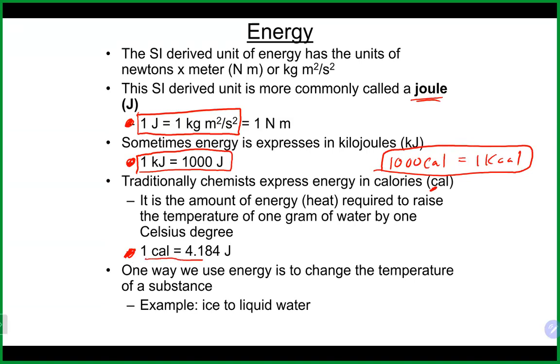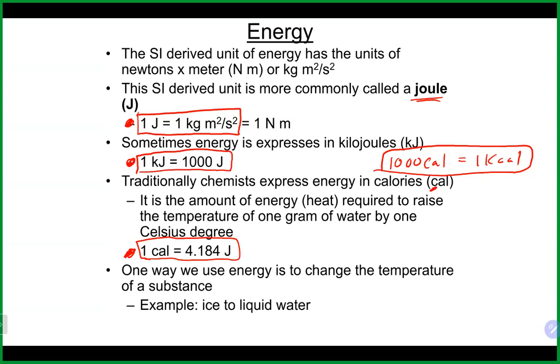For the conversion from calories to joules, 1 calorie is 4.184 joules. That is also something they expect you to know as you continue on, and it's a conversion you'll use a lot. As I mentioned before, joules and kilojoules are probably the units you will see the most in terms of energy. Calories and kilocalories squeeze in a little bit, but not all that much. But you do need to know how to go between calories and joules. Any questions on those things?